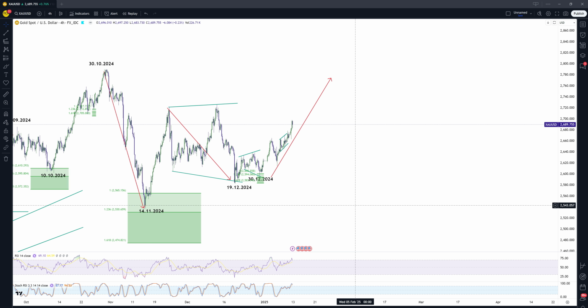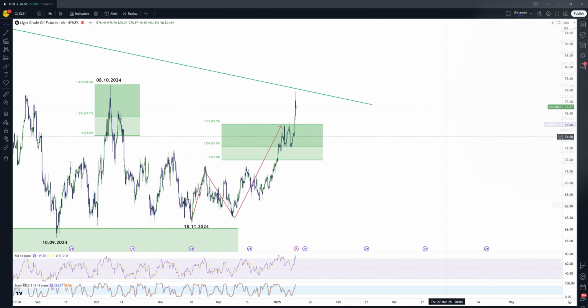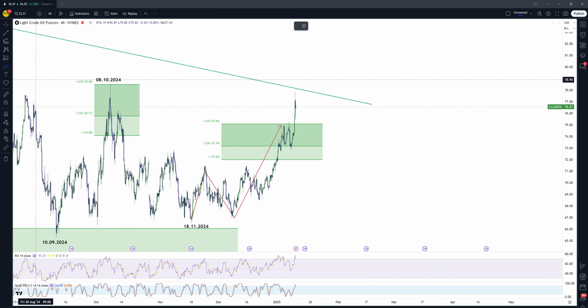after and onwards. Now for oil, we also made a video back on December the 11th, to be exact. That was a Wednesday, where we indicated that the market was getting ready to provide us with a double correction higher, at least to this Fibonacci extension area, which was reached during the previous week, as you can see.